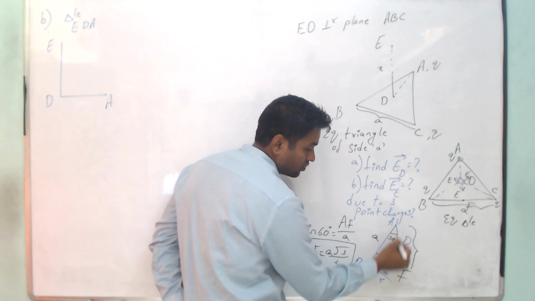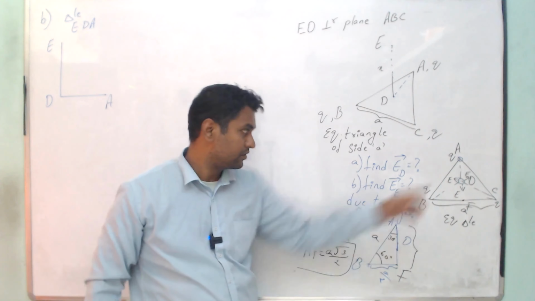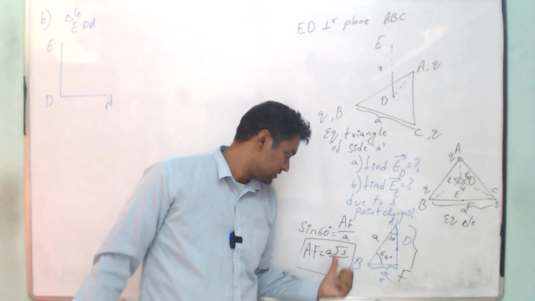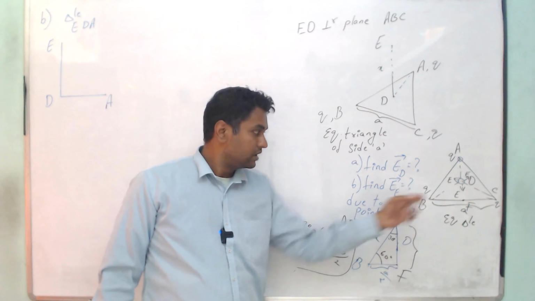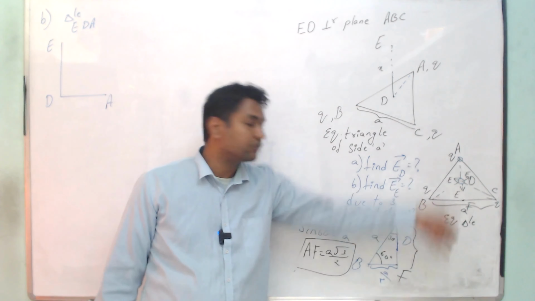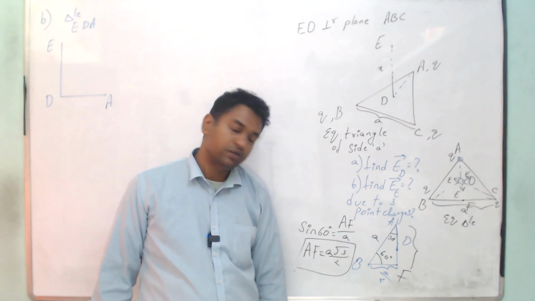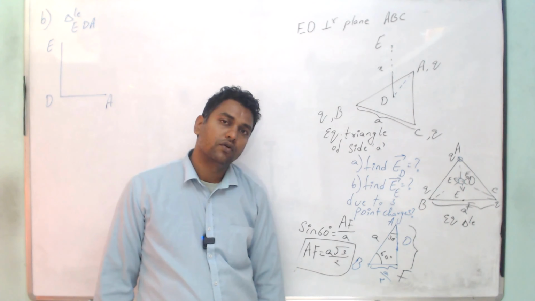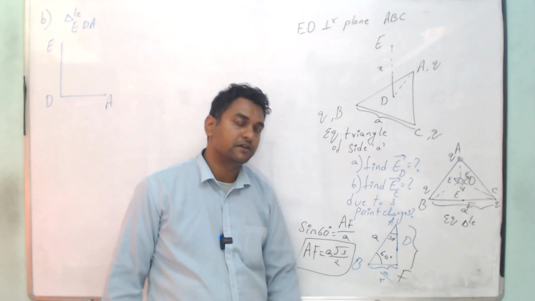A to F is a root 3 by 2. D is the center of the equilateral triangle, not the midpoint of AF. Listen to this derivation carefully, because it will be used again and again.